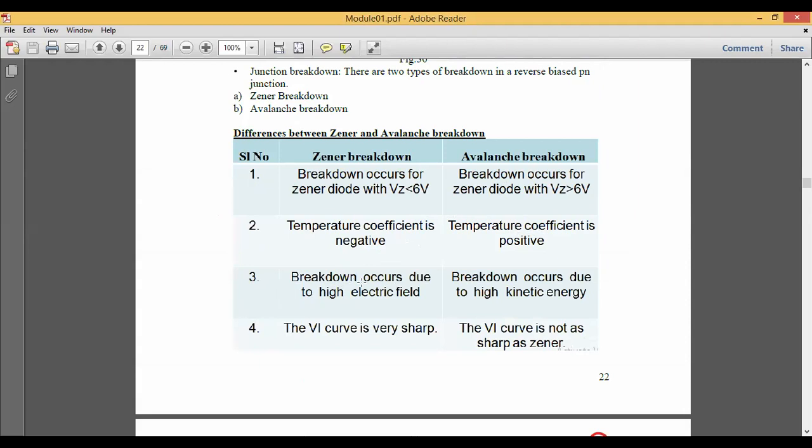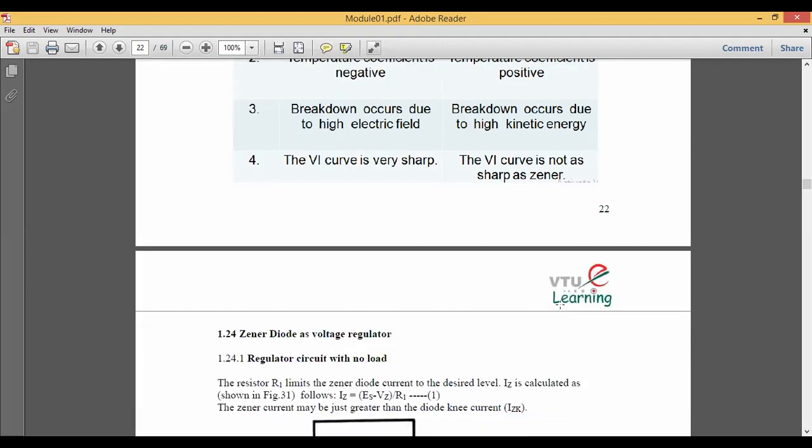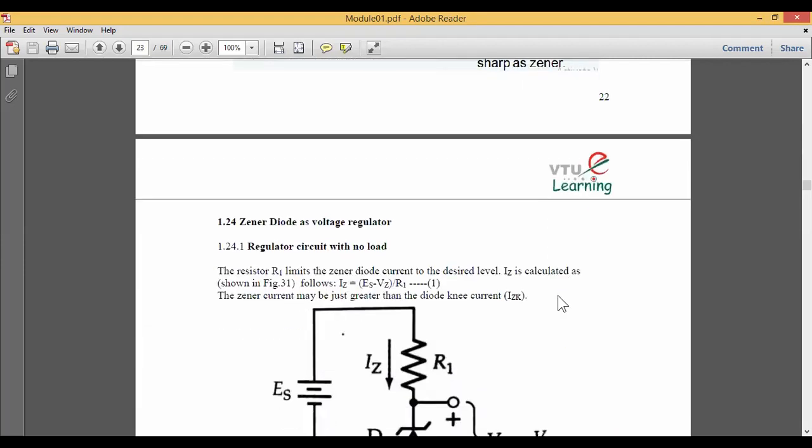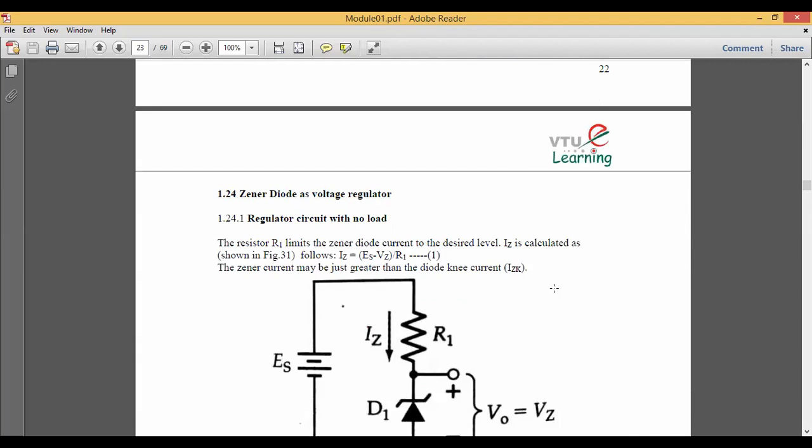The third is that the breakdown occurs due to high electric field, and it is because of the kinetic energy, and the VI curve is very sharp, while in avalanche breakdown the VI curve is not as sharp as in Zener breakdown. So this is the basic difference between Zener breakdown and avalanche breakdown.